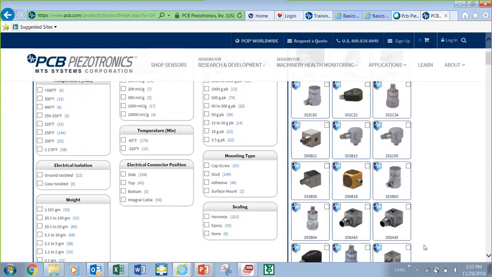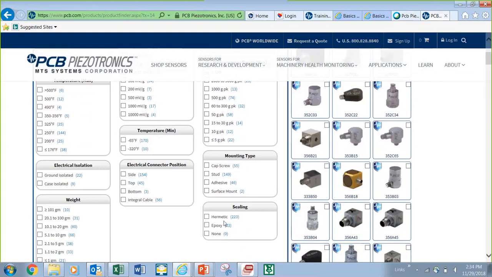You can see most of our accelerometers in this case are hermetically sealed. And hermetically sealed accelerometers are usually verified with regard to their hermeticity. And they're generally by themselves impervious to contaminants such as dust, dirt, etc. And with a proper cable connection, they can be used in splash conditions and even used underwater for periods of time.